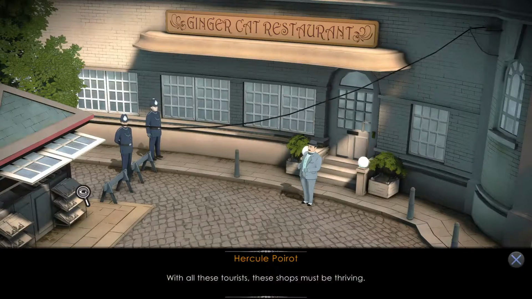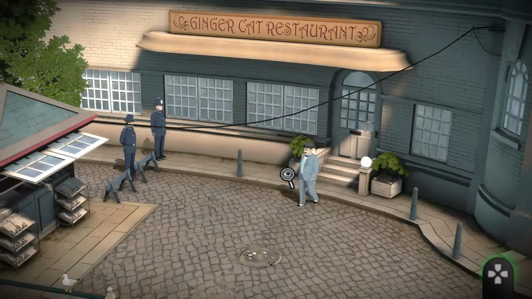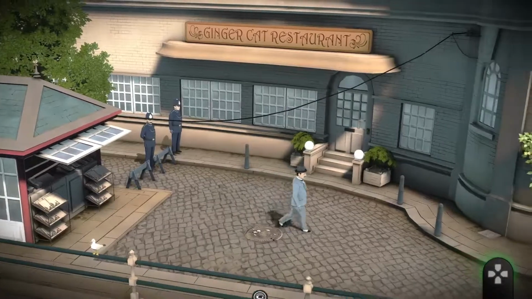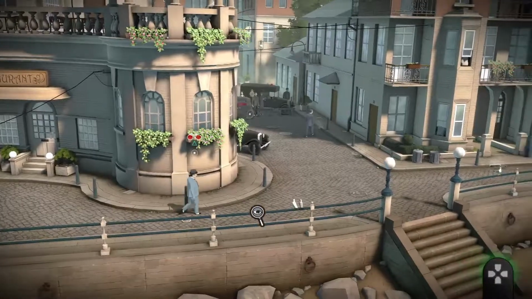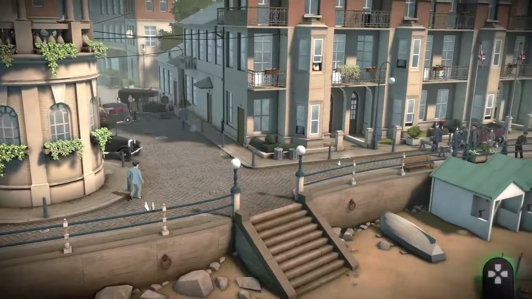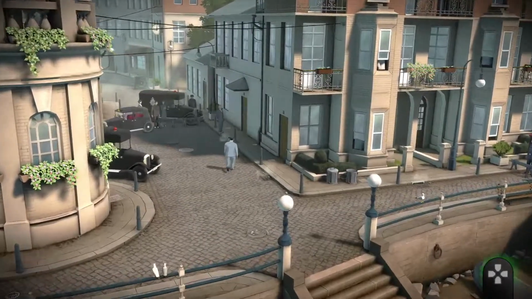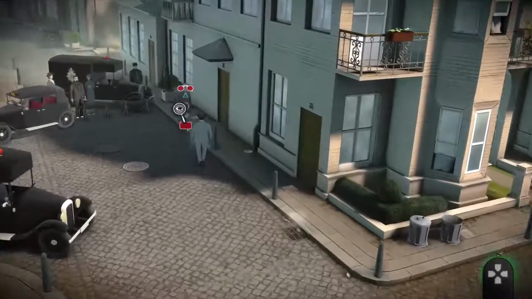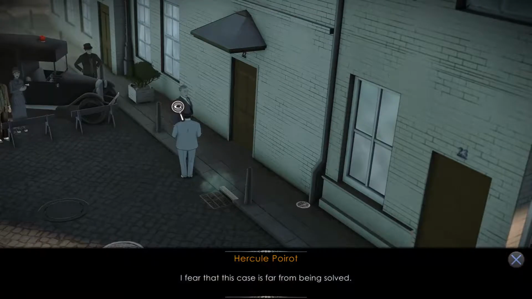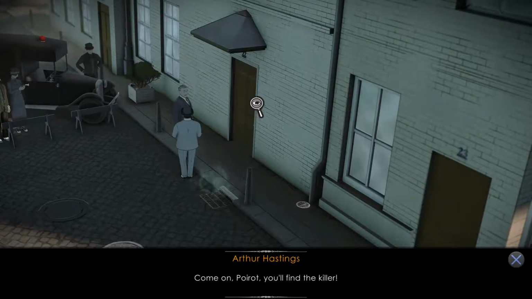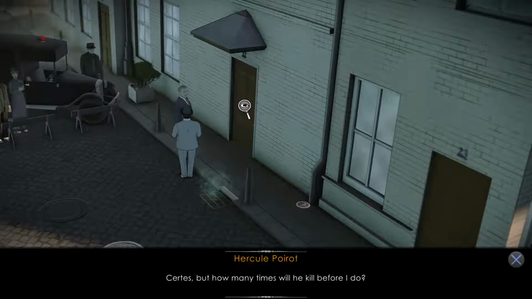With all these tourists, these shops must be thriving. I fear that this case is far from being solved. Come on, Poirot. You'll find the killer. Certes. But how many times will he kill before I do?